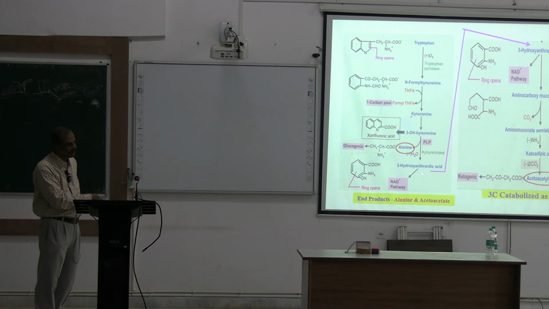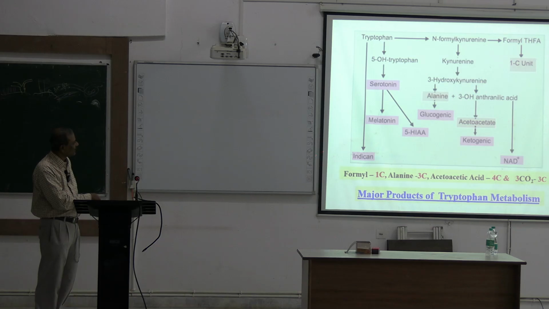So alanine is an amino acid and acetoacetate is the other product. At the end, 3 carbon dioxide I have already shown, so 3 carbons are out. Now acetoacetic acid was there. We have seen at the end, this has 4 carbons and a formyl group is there. Alanine is here.